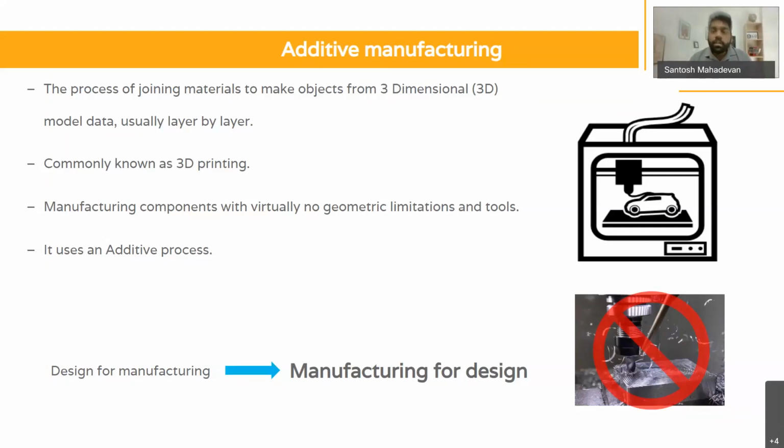I'm trying to convey to you that 3D printing really helps with making the most complex designs, making your most original designs come to life with the least amount of effort possible. So this opens up new chapters for you to manufacture completely for design rather than design completely for manufacturing. So if I am clear, I would like to move on to the next slide.